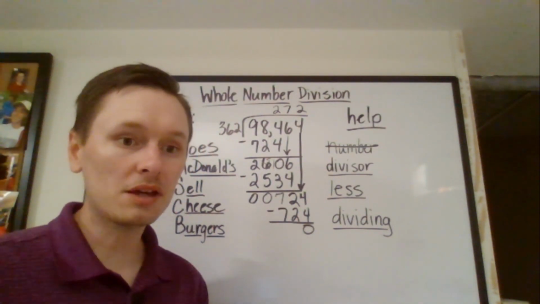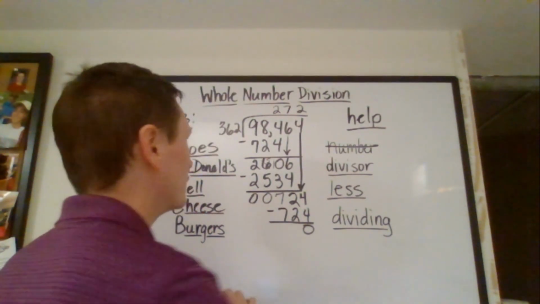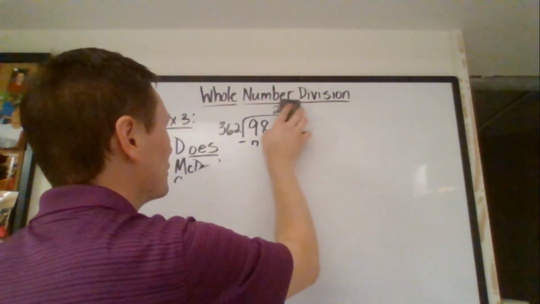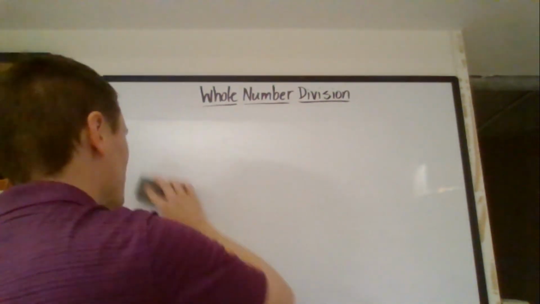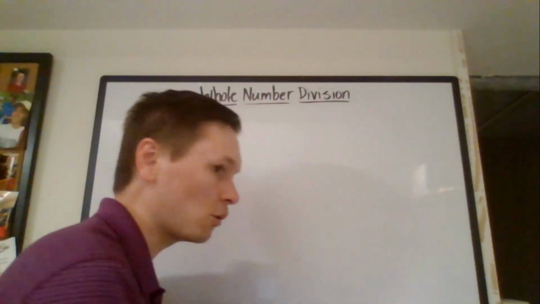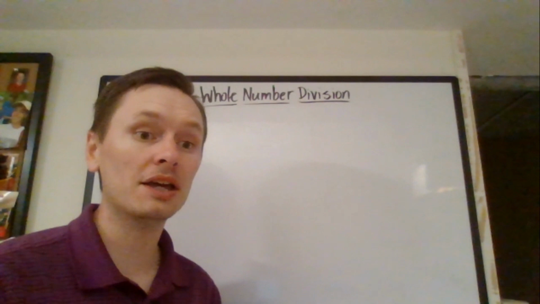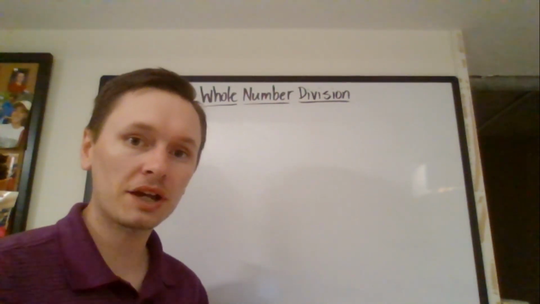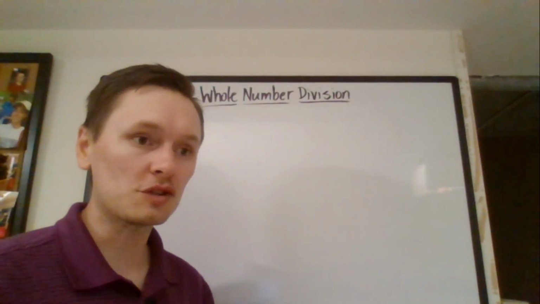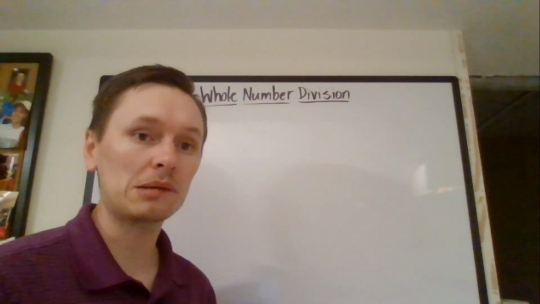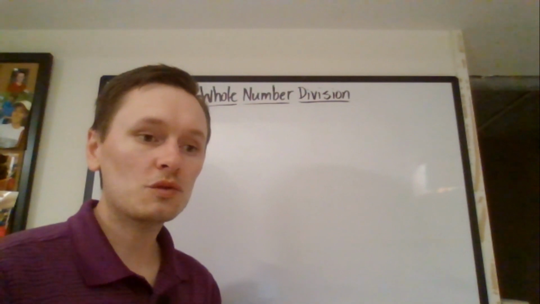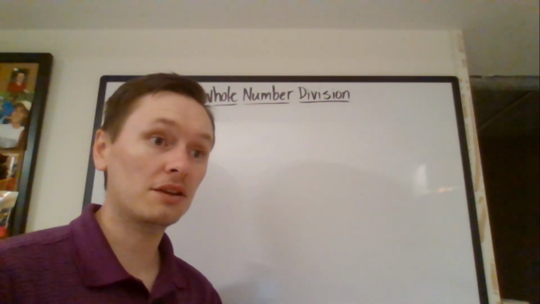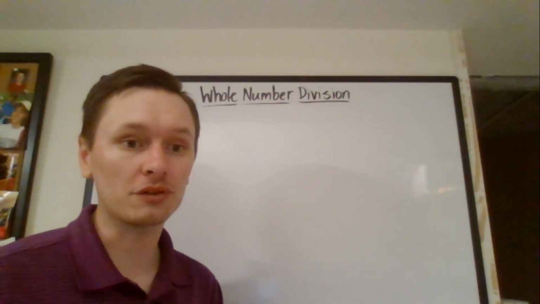Now let's look at some key vocabulary words because a math lesson wouldn't be complete without Mr. Nerlich here giving you boring old vocabulary. But the good thing about vocabulary is once you start to use it over and over again and start speaking in mathematical terminology, you tend to stop speaking in non-mathematical terms and keep speaking in mathematical terms.